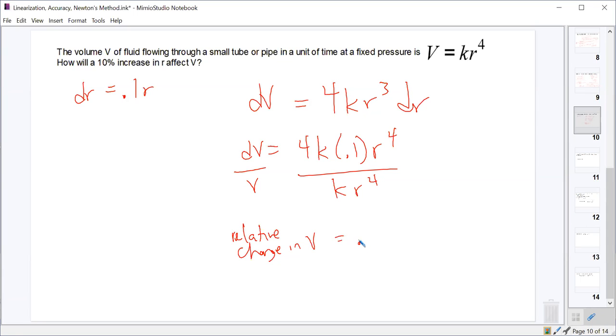Just right. Which tells us that it is a what percentage change? Should be 40% change in volume. Good or no?